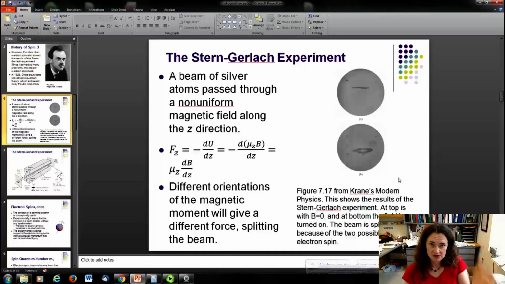They set up some photographic paper, and then they passed the silver atoms through, and then the top image is what they saw when there was no magnetic field, when the field was turned off. And then the bottom image clearly shows the splitting of the beam into the 2 possible values when the magnetic field was turned on, okay?